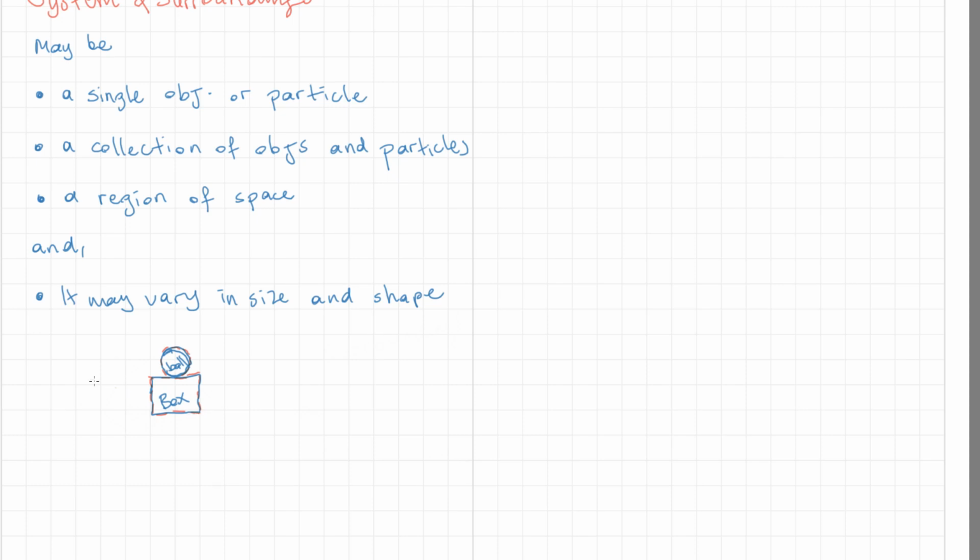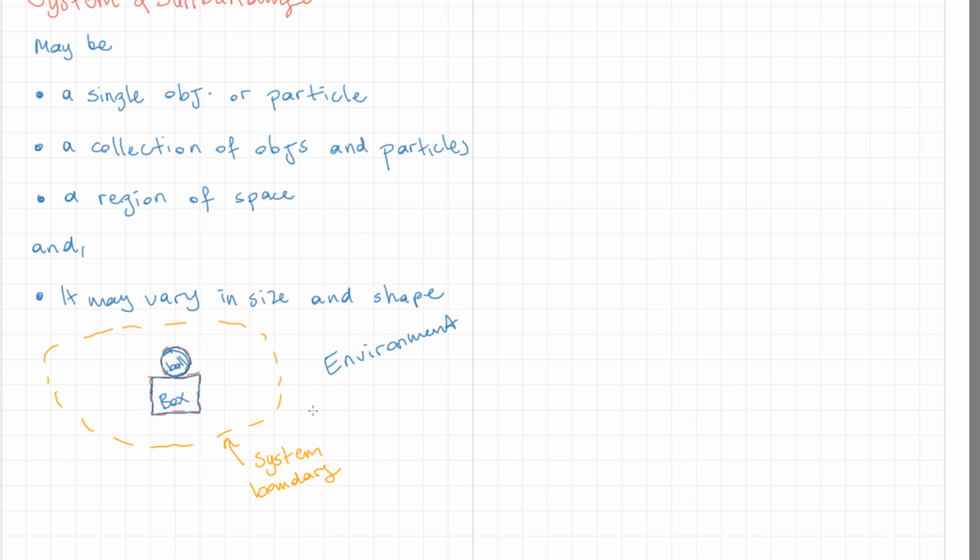And let me draw another boundary. And let's say this orange boundary is representing the boundary of the system. Not the objects, but the boundary of the system. So the system boundary separates the objects that constitute the system from the environment.